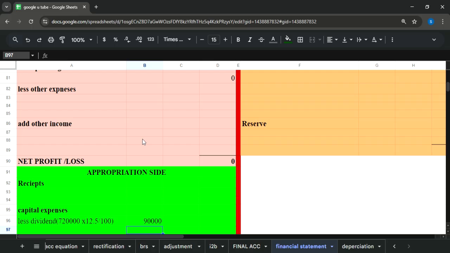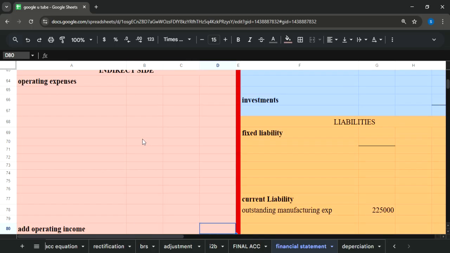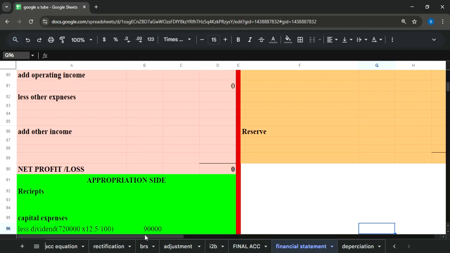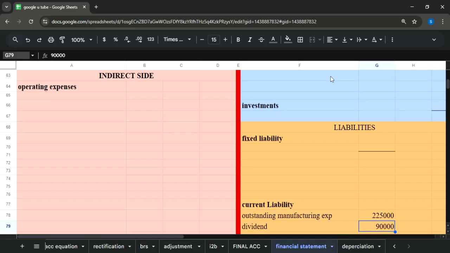So we have got the dividend. Second effect, we will go to current liability and mention dividend, the amount of which is 90,000, as we have just calculated. 90,000 first effect and 90,000 second effect we have done.